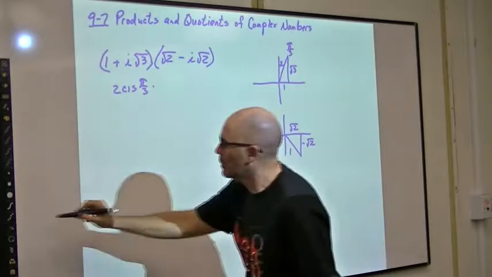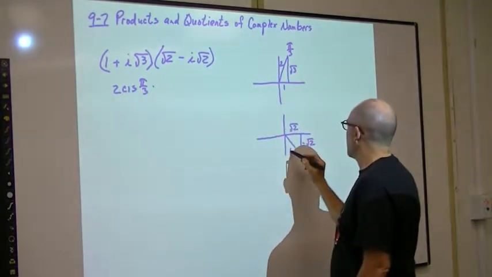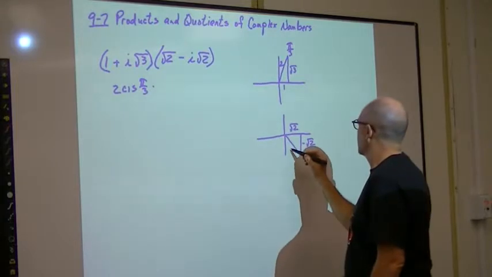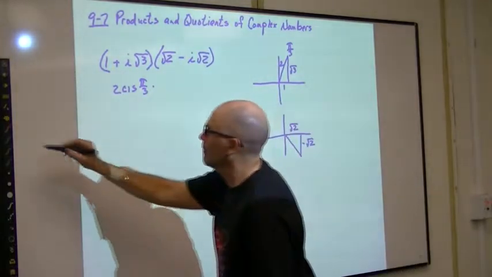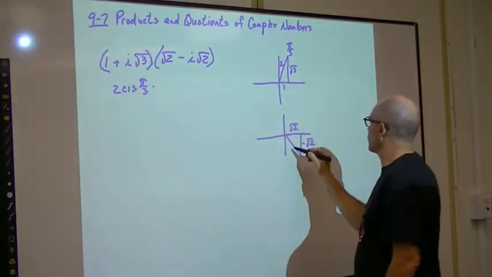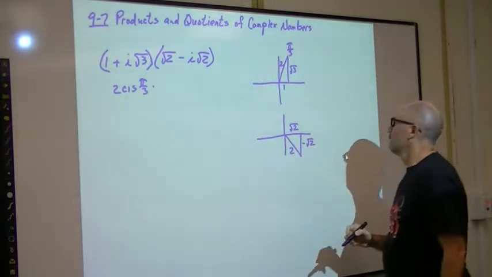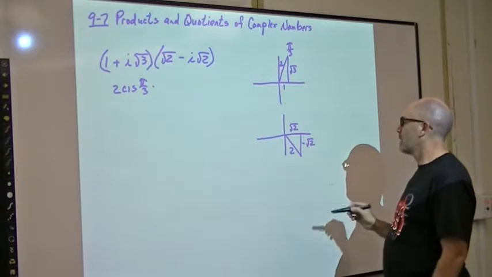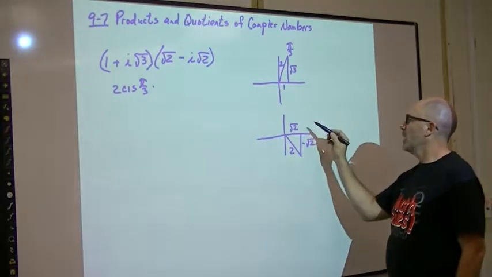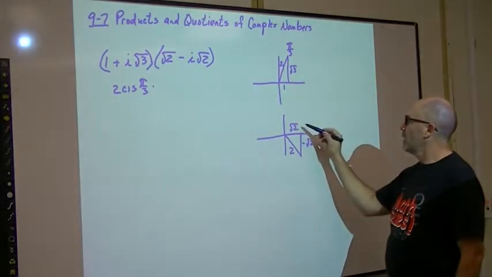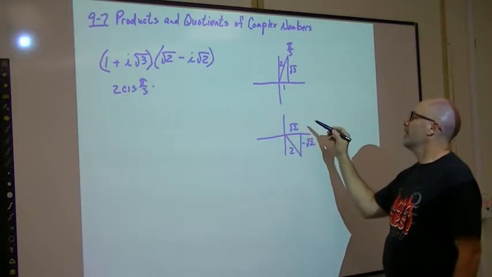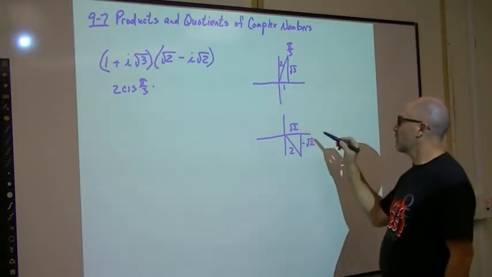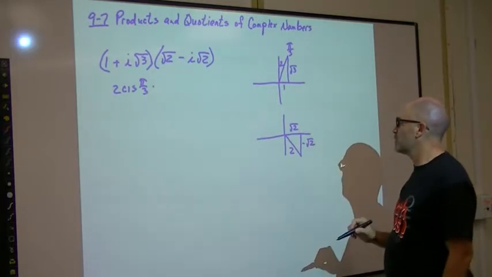So that makes it 2. Let's make sure I got this one right. Yeah, that is right. If I had made this 1, 1, that would have been square root of 2. So this is square root of 2, square root of 2. This has to be 2.